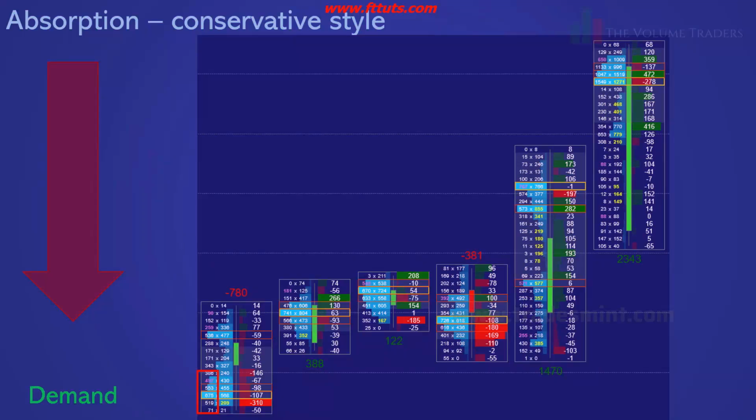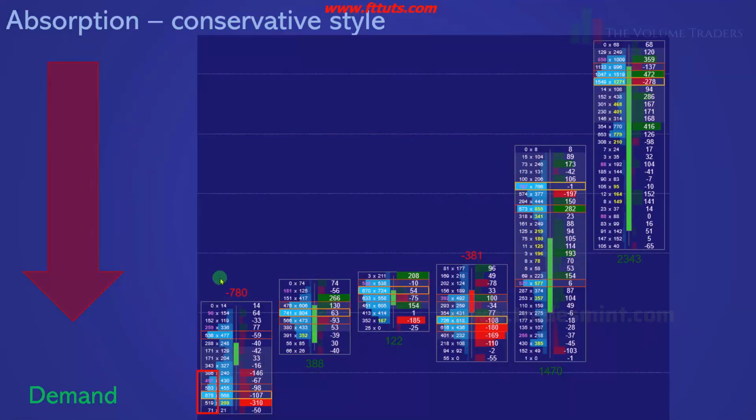So it is good to see a highly negative delta. Here in this case it is minus 780. After a while, after some chart time, you will know which numbers are big or which are too small. But this is highly negative delta for this particular asset.